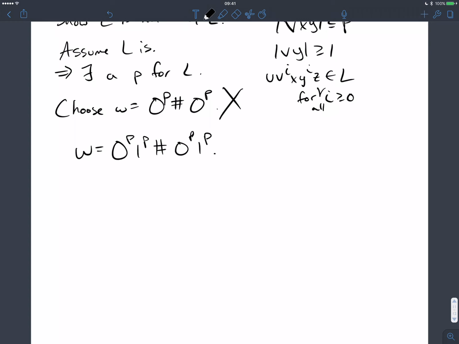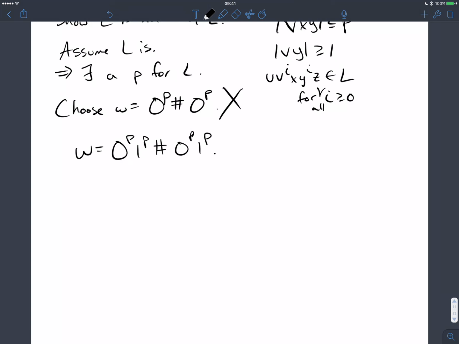Just pump up once. Then will the first part's length be the same as the second part's length? No, why is that? Well, how many characters did I put in? Did I put in 0? I put in at least 1 character, because vy's length is at least 1. And those are the parts I'm putting in.